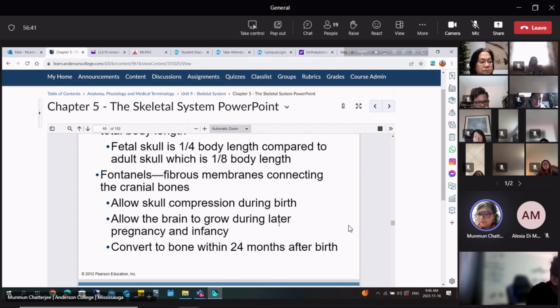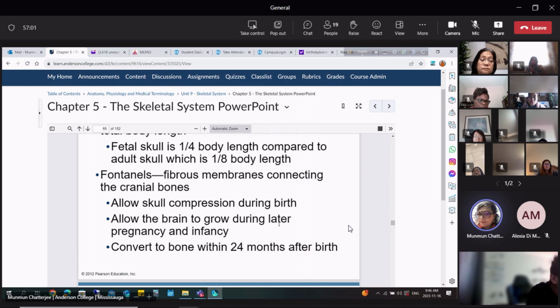Then it converts to bone within 24 months after birth. It takes until about 22 years to become totally compact and bony, so these first 2 years are very important.